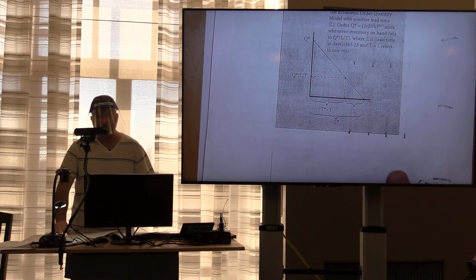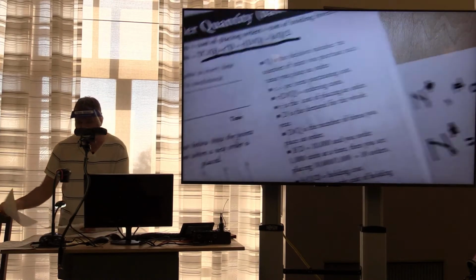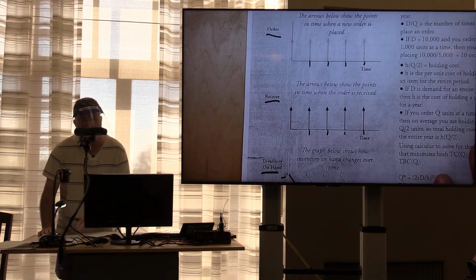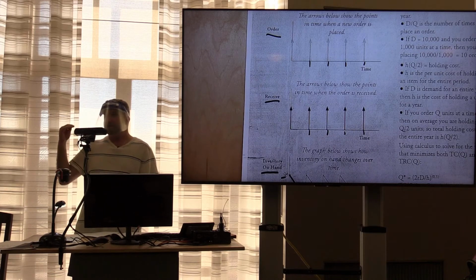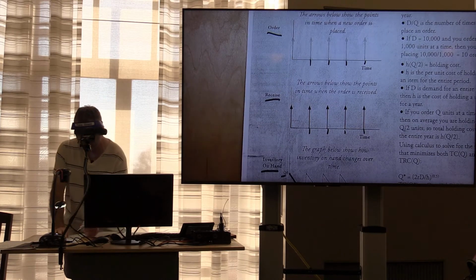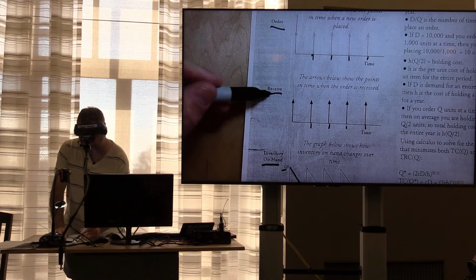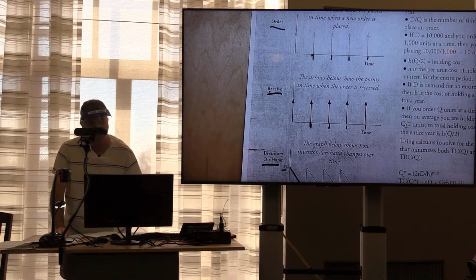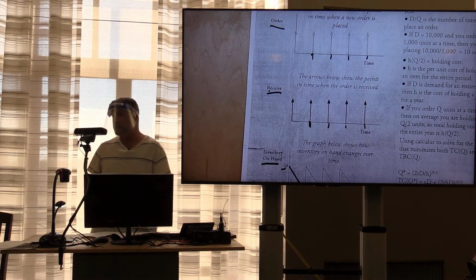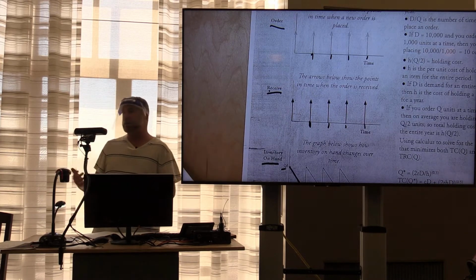See, what we're doing now is, in our economic order model, the way we did it, we said that there is no lead time, meaning the moment you place a new order, it instantaneously arrives. So when we placed an order at this time period, it's going to be received at the exact same time period. But now we're going to have a lead time, meaning it takes a certain number of days for it to arrive at our factory.